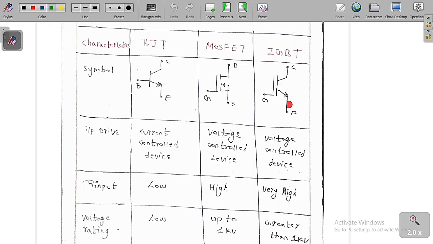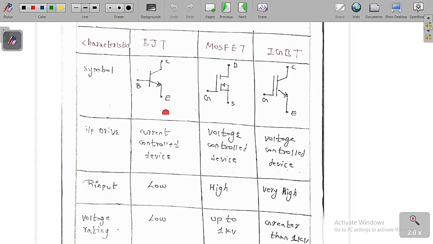Listen carefully: it has high input impedance and low on-state voltage drop. This is the gate, collector and emitter. You can see this diagram is also a combination of the BJT and the MOSFET.